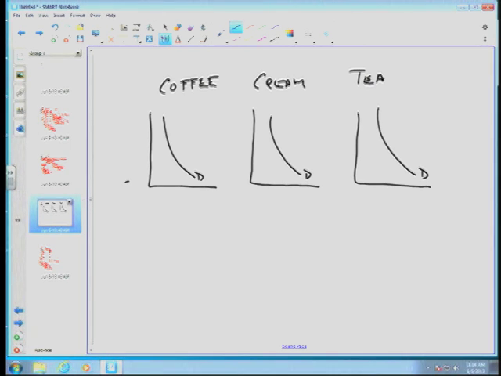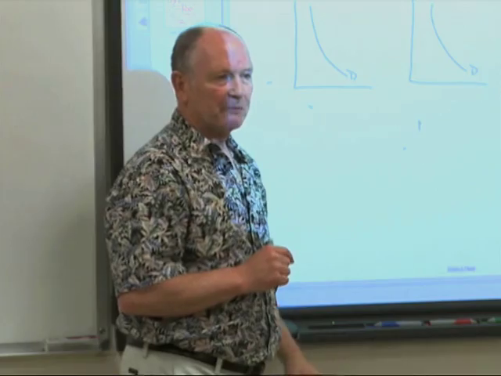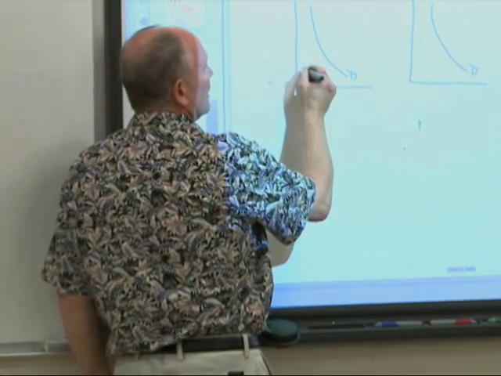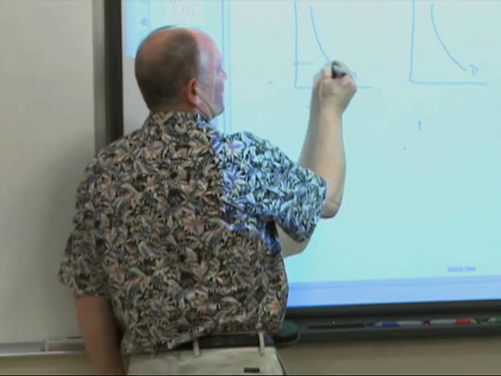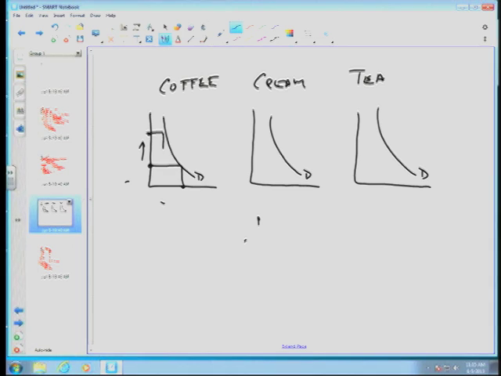Coffee and cream are complements. If we buy coffee, we tend to buy cream. Now, the law of demand says that if the price of coffee goes up, we will reduce the quantity demanded. We will buy less.